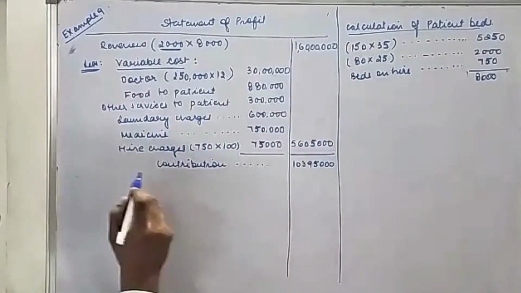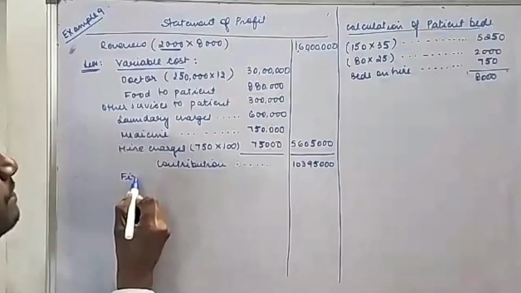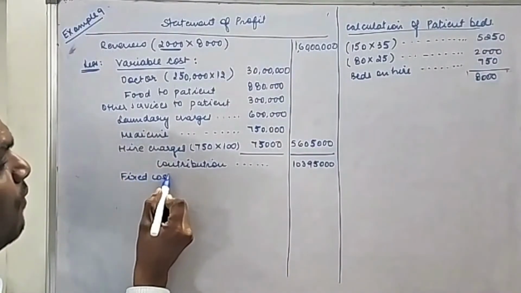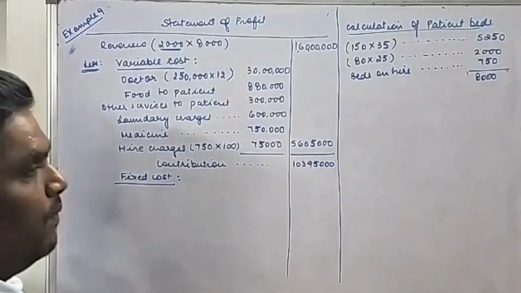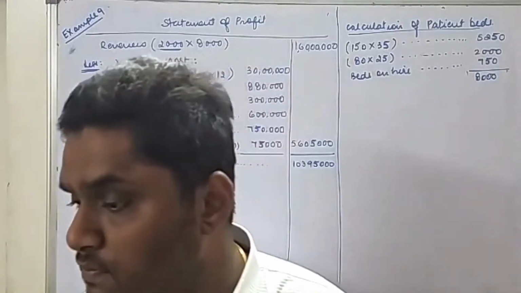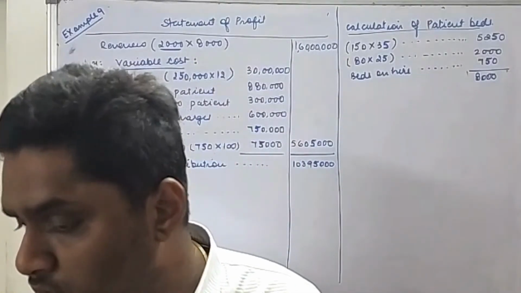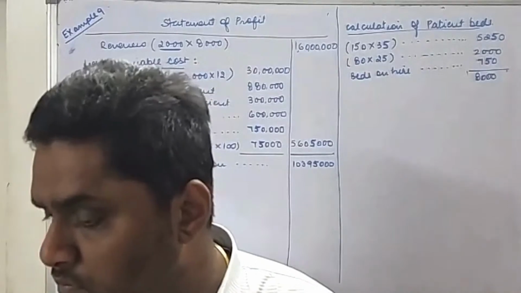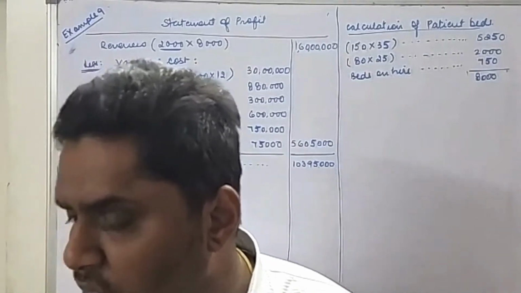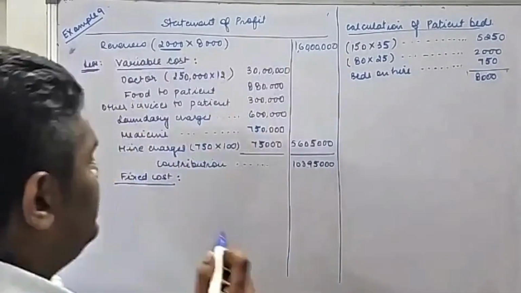Now let's start with fixed cost. Rent per month is 75,000.